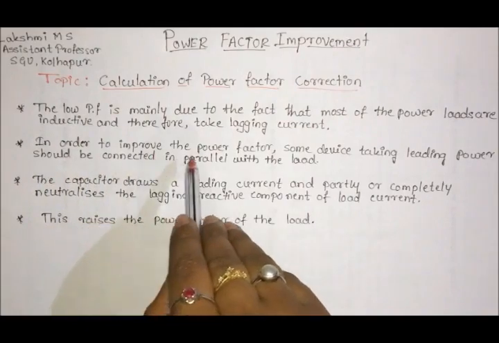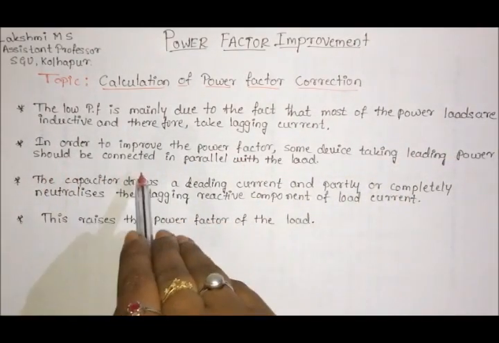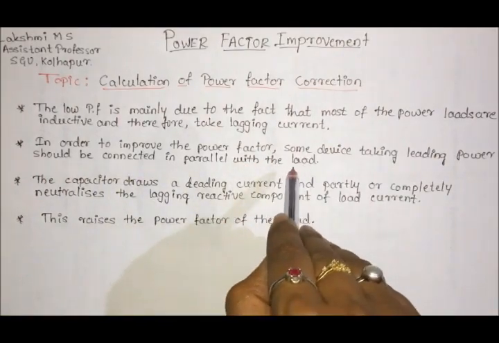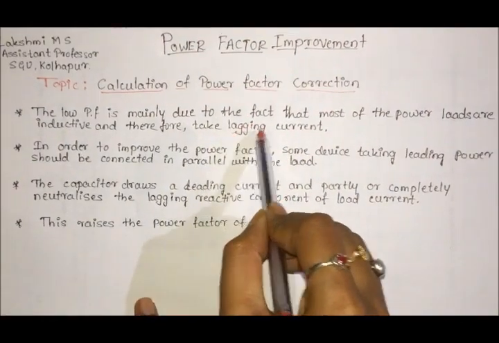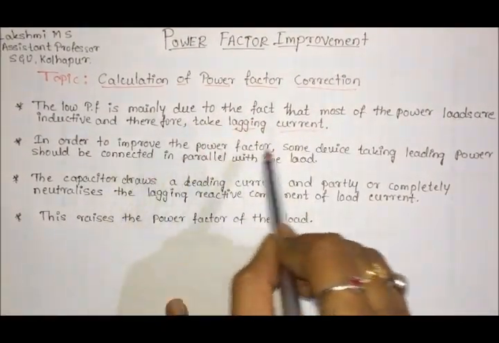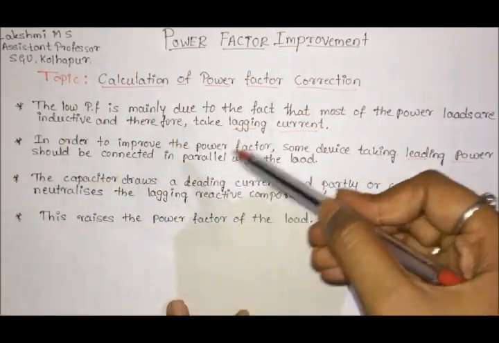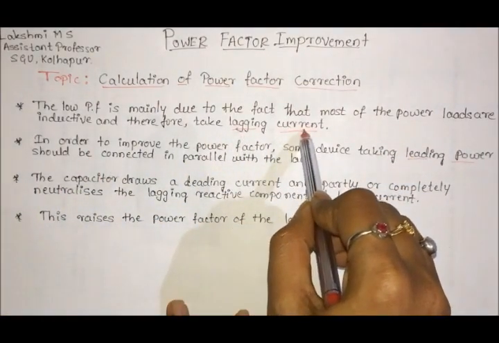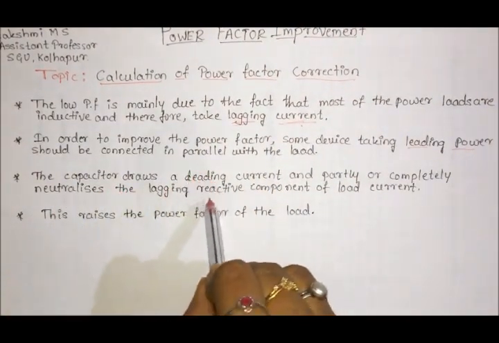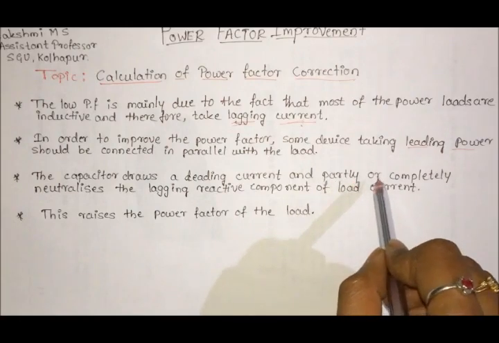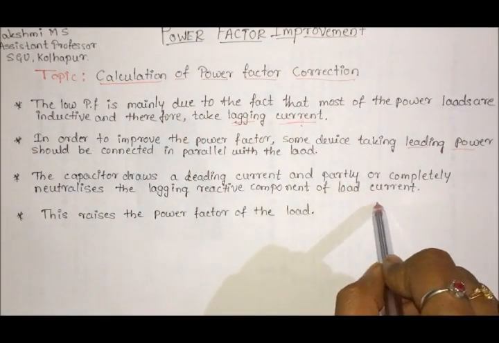In order to improve the power factor, some device taking leading power should be connected in parallel with the load. To improve this lagging current, we need a device having leading current. A capacitor draws leading current and partly or completely neutralizes the lagging reactive component of the load current.